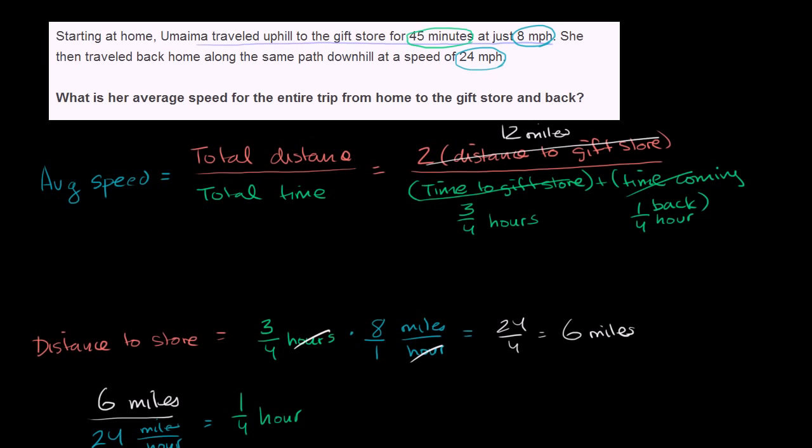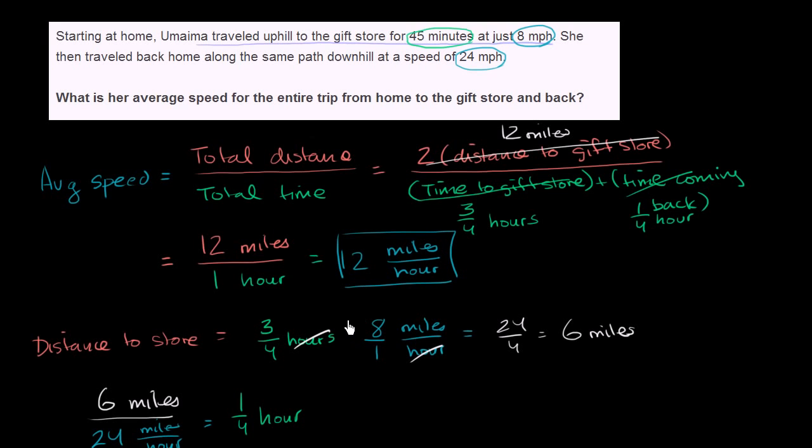Her average speed is going to be equal to the total distance, 12 miles, divided by her total time. 3/4 hours plus 1/4 hour is exactly 1 hour. So her average speed is 12 over 1, which is just 12 miles per hour.